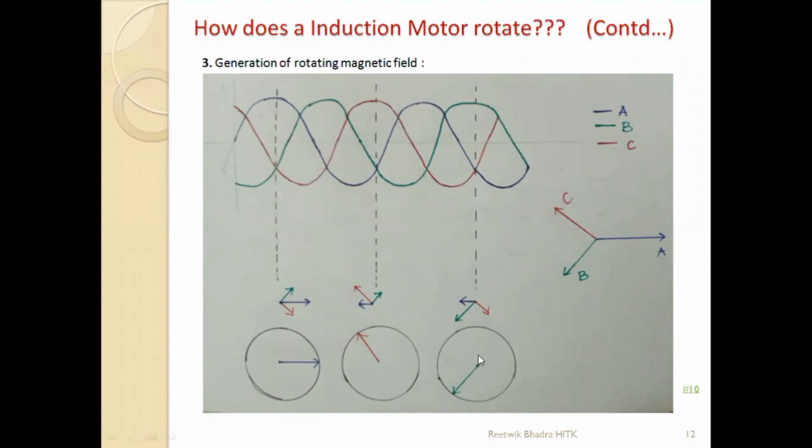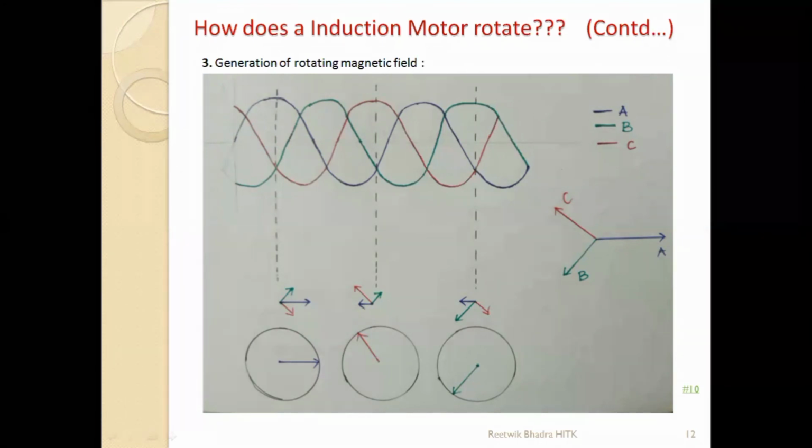Suppose this is 1 centimeter. The red, green and blue phasors will be of the same length, but rotating in nature. So today I have shown you how a rotating magnetic field is generated. If you give a three-phase supply, a rotating magnetic field will be generated, and you can show why it is rotating using this phasor.